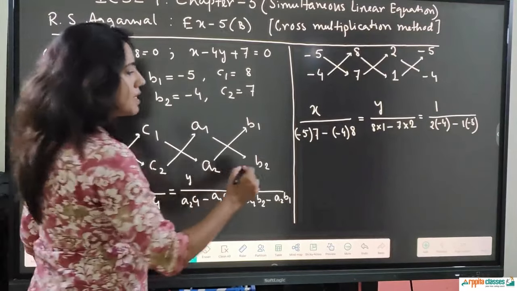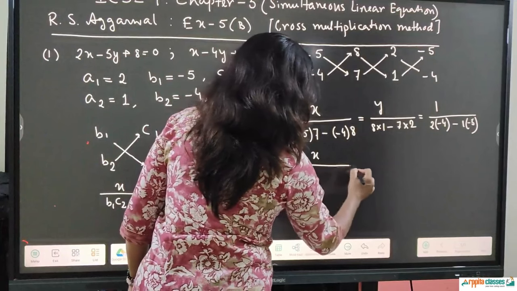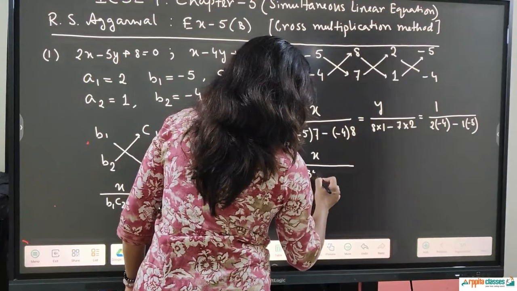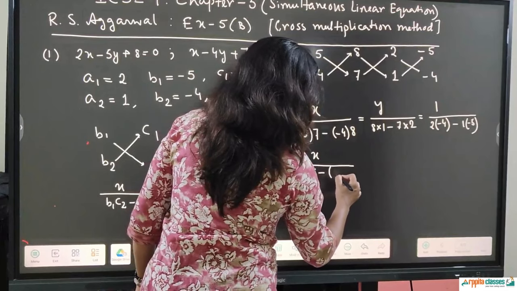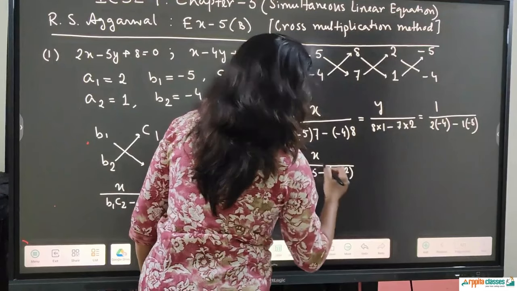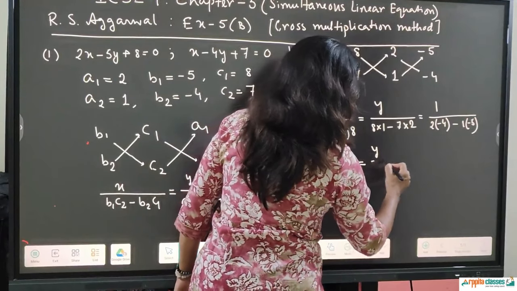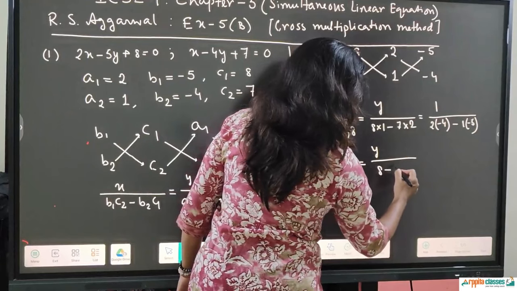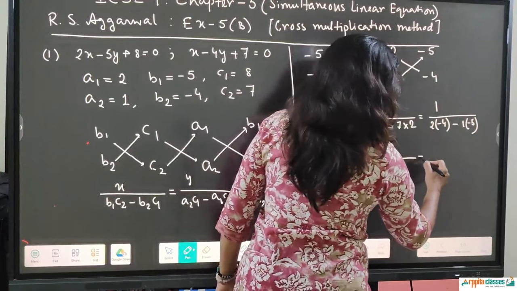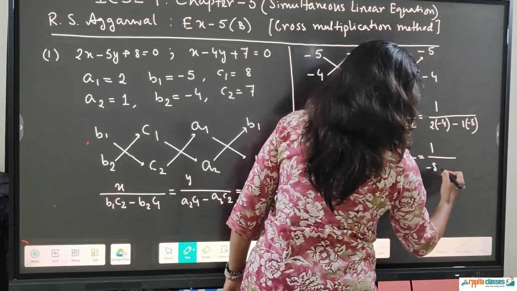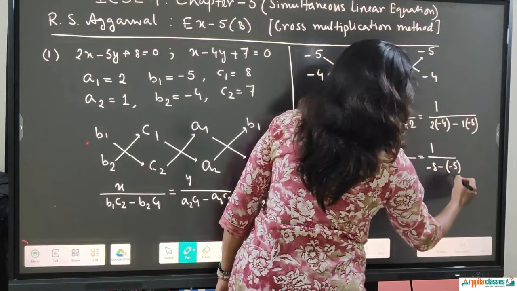Okay, now let us solve this. We are getting x upon minus 35 minus 32, y upon 8 minus 14, and equal to 1 upon minus 8 minus 5.